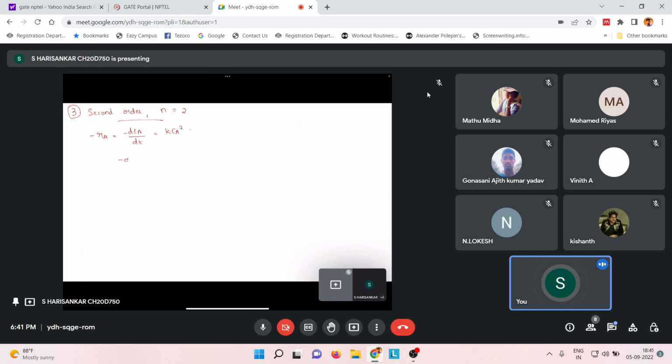So, minus dCA by dt by Ca square is equal to k dt. And if we integrate from Ca0 to Ca, and this from 0 to t, we'll get the final equation as 1 by Ca minus 1 by Ca0 is equal to kt.